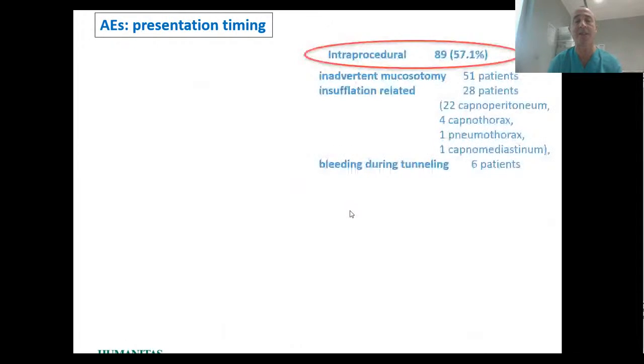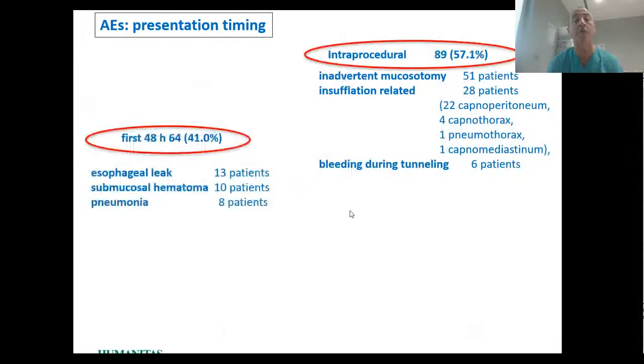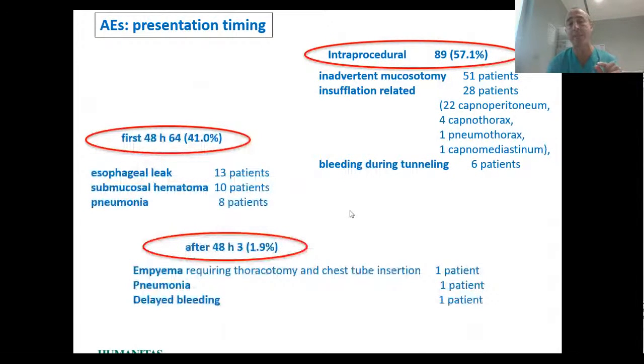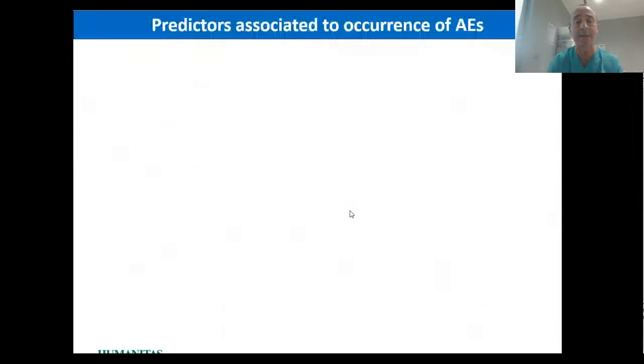It's important that you know the adverse events can present mostly during the procedure or in the first 48 hours. A very limited number of complications can come later. And you can see just 9% of all procedures reported a complication later than 48 hours.